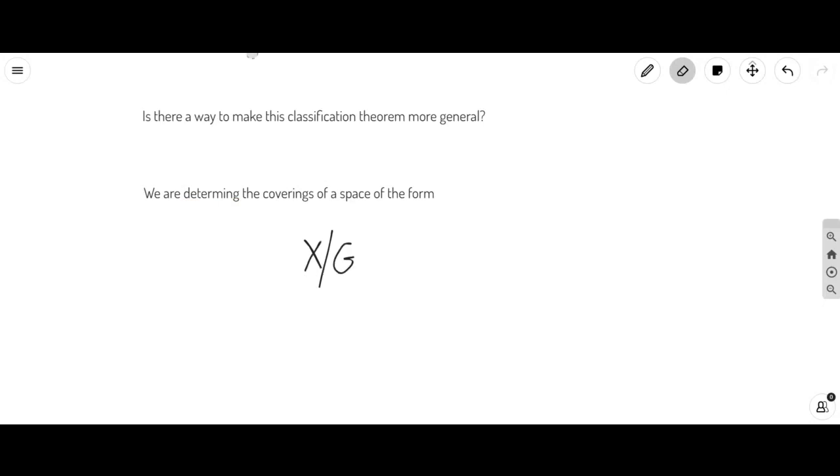So we are assuming that the topological space that we're dealing with, you start off with a simply connected space, and then you quotient it out by some group of automorphisms, and we're classifying all of the coverings of the space. And the coverings of the space are determined by the subgroups of that G. That's basically what we've proven. But you can ask, what about being more general?